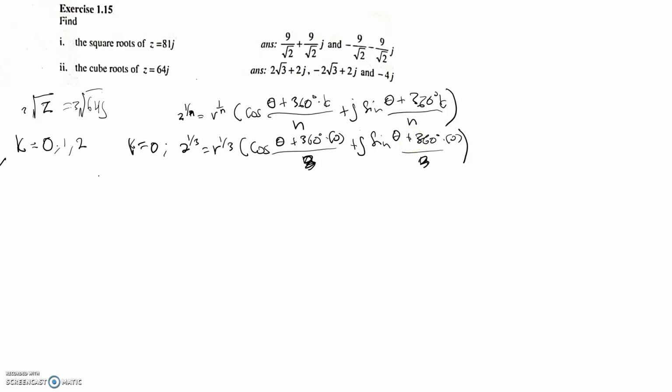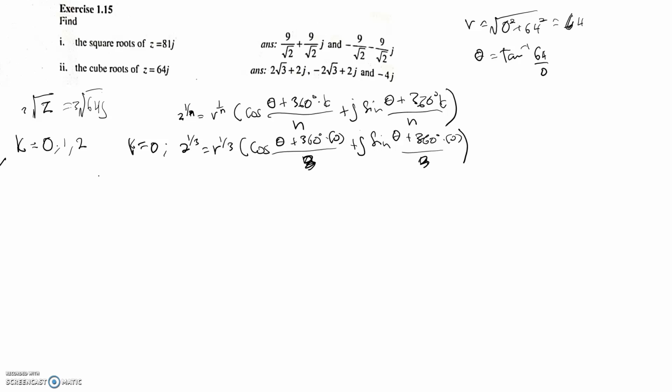So let's do that for 64j. So r for 64j here, I know that you know it already, but let's just revise it a bit. It is the square root of 64 squared, so r is 64. As for theta, the formula is tan inverse, and we have 64 over 0, which we will not be able to calculate because it is divided by 0.